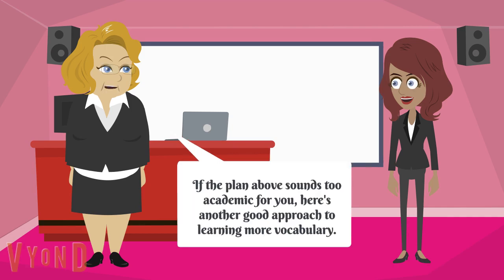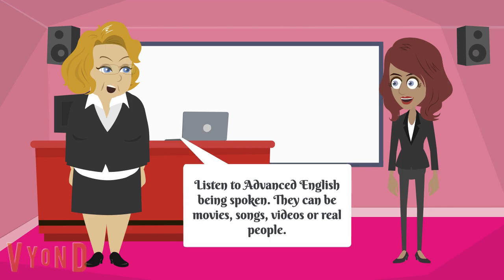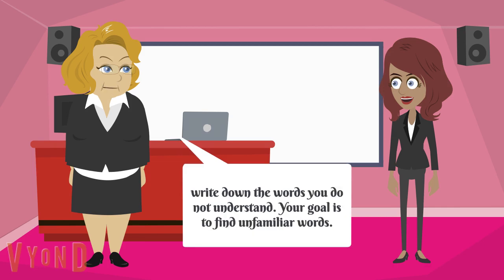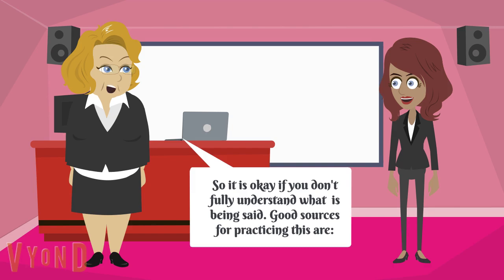If the plan above sounds too academic for you, here's another good approach to learning more vocabulary. Listen to advanced English being spoken. It can be movies, songs, videos, or real people. Write down the words you do not understand. Your goal is to find unfamiliar words, so it is okay if you don't fully understand what is being said.